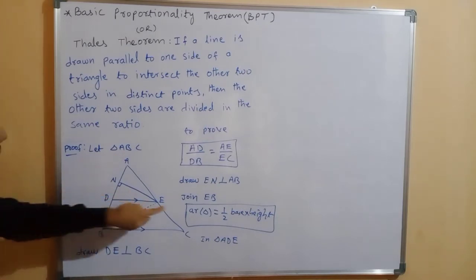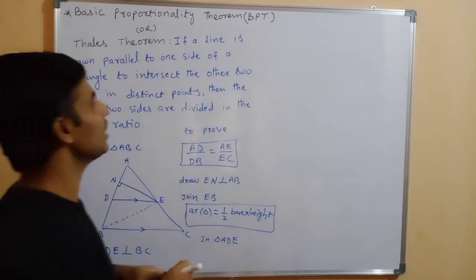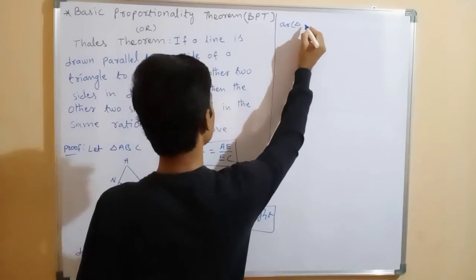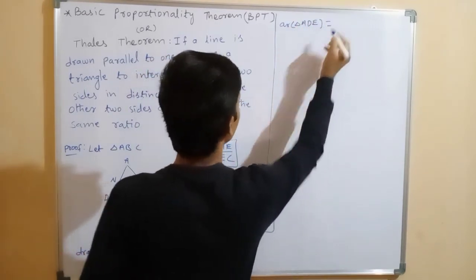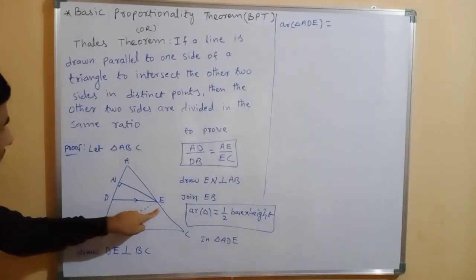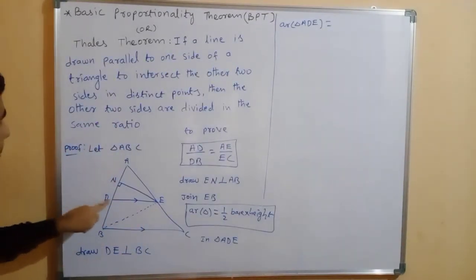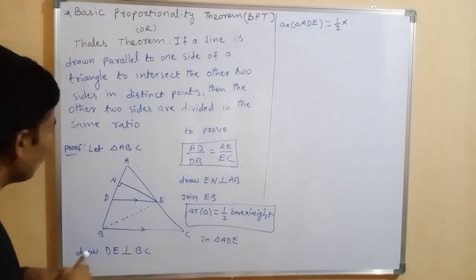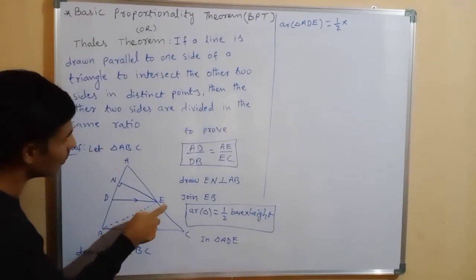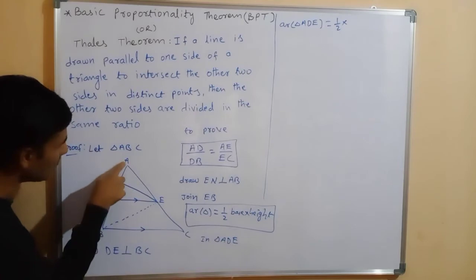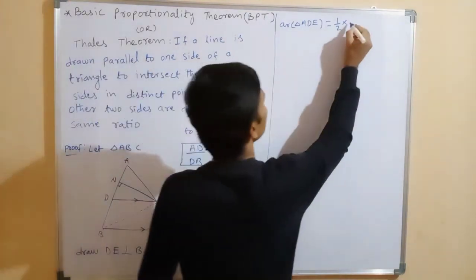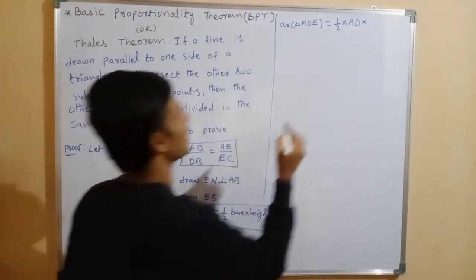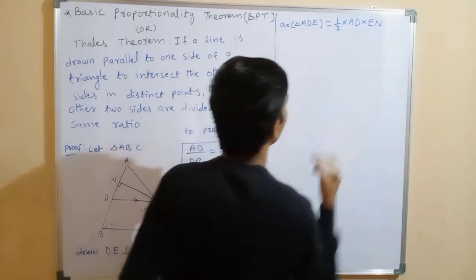AD is the base and EN is the height. So area of triangle ADE equals half into base, AD, into height, EN.